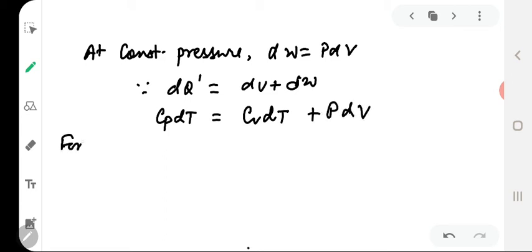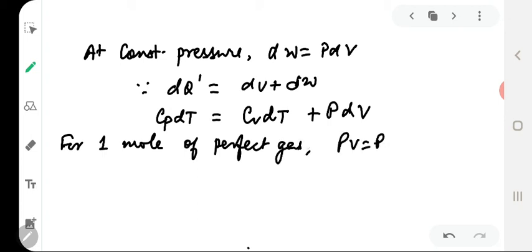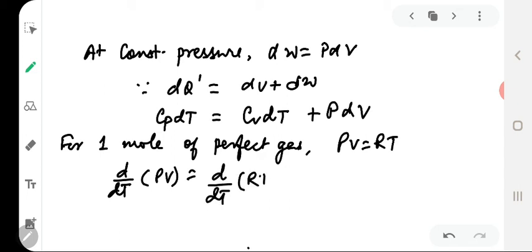Now for 1 mole of perfect gas, PV is equal to RT. The heat dQ dash is supplied to the gas at constant pressure P. Therefore, differentiating both sides of this equation with respect to temperature T by treating pressure as constant, we obtain d by dT of PV equal to d by dT of RT.